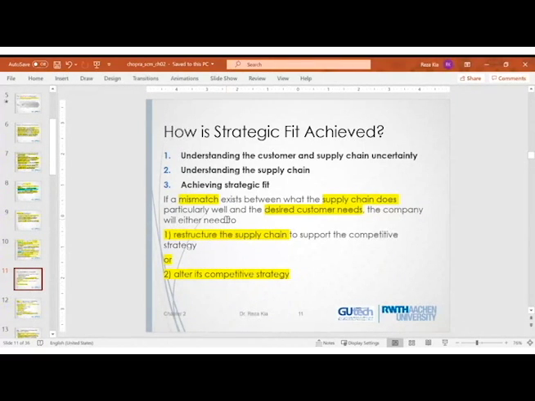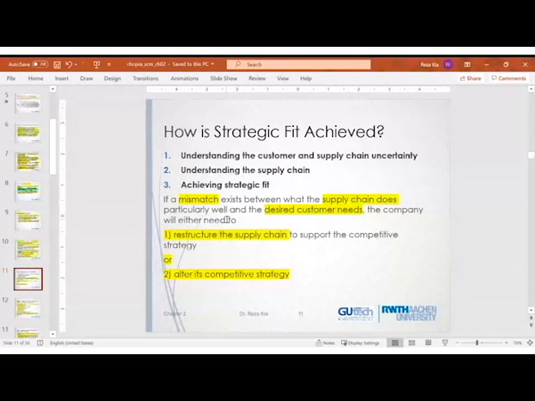If you see that your supplier is not fast enough to provide the items in a short time, maybe you can change your competitive strategy. Rather than promising short delivery, you can promise a low cost product. So that would be a change in your competitive strategy.